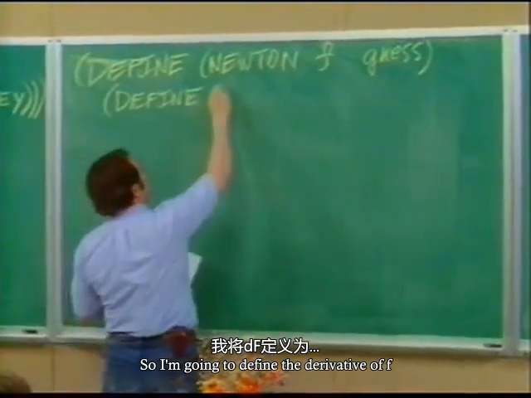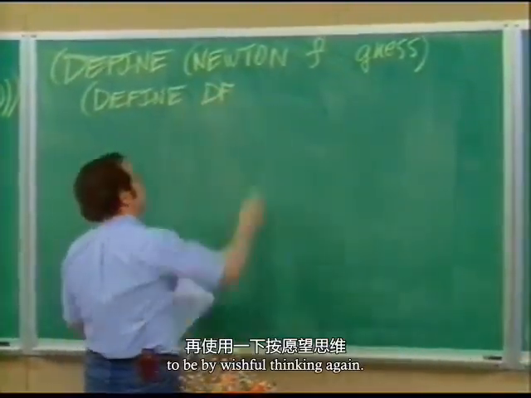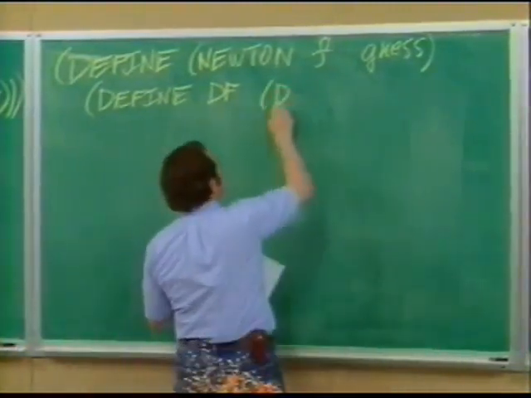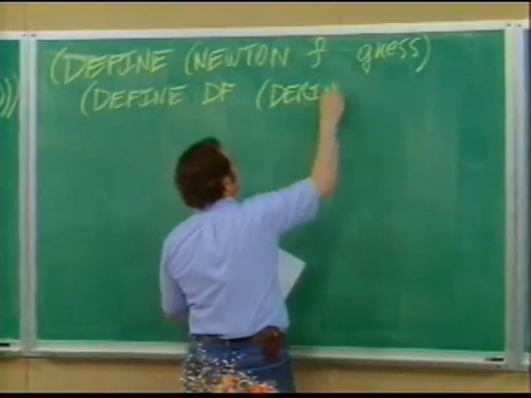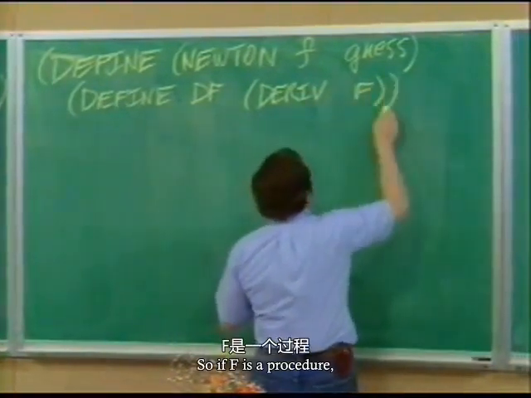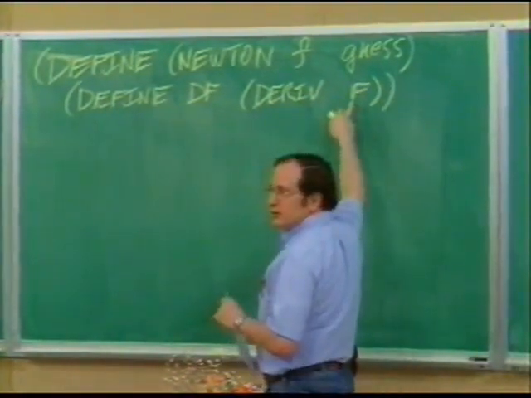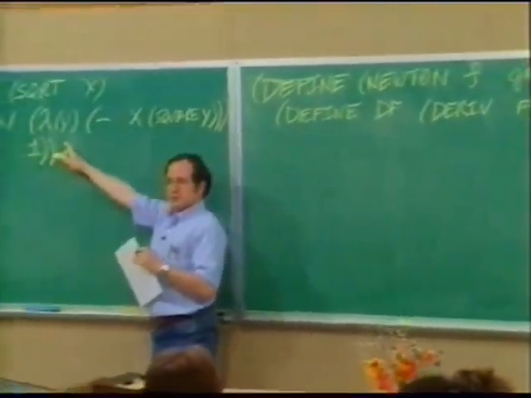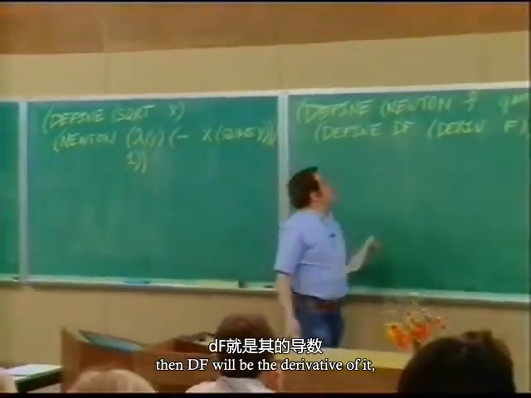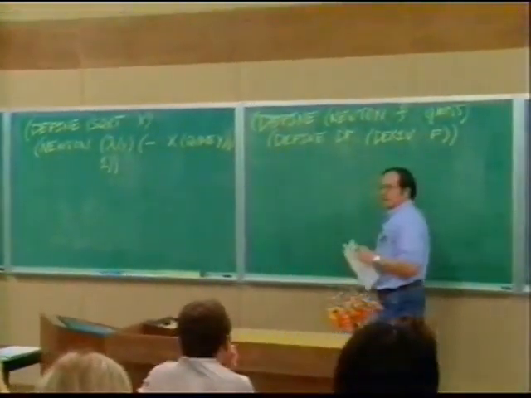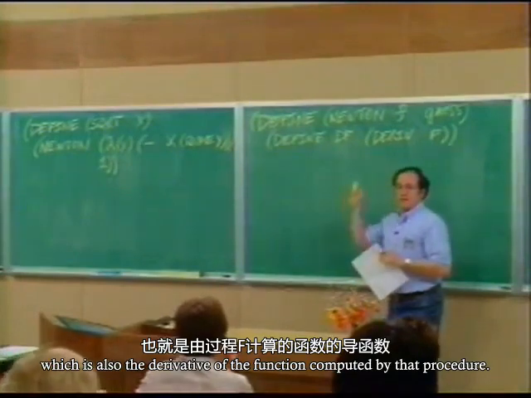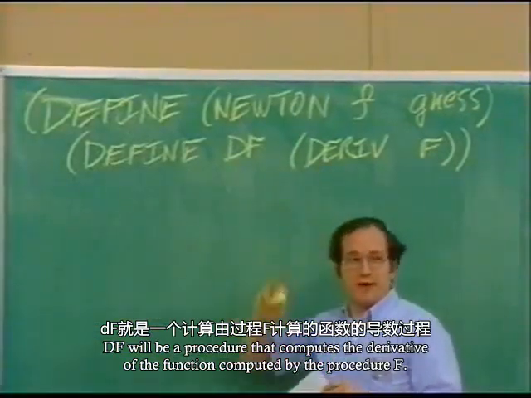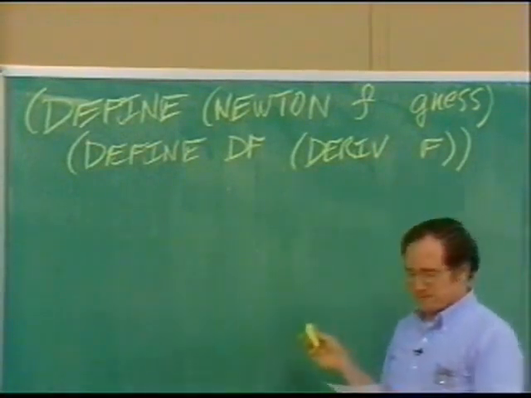So I'm going to define the derivative of f to be, by wishful thinking again, I don't know how I'm going to do it. Let's worry about that later. So if f is a procedure which happens to be this one over here for a square root, then df will be the derivative of it, which is also the derivative of the function computed by that procedure. df will be a procedure that computes the derivative of the function computed by the procedure f.